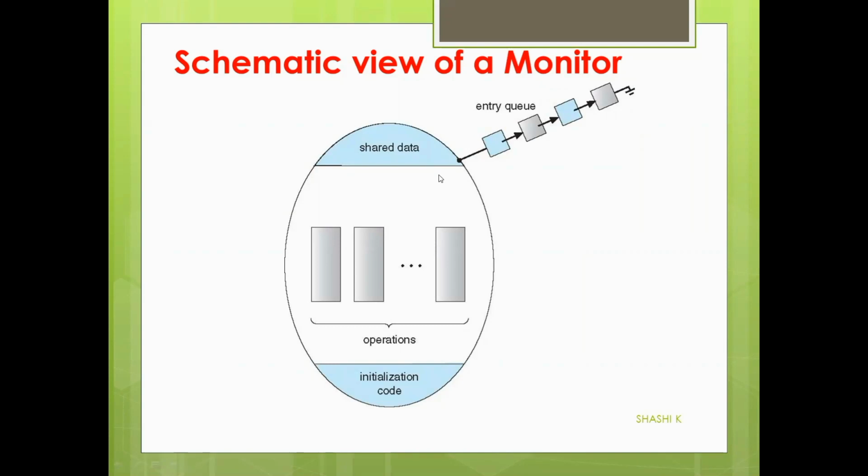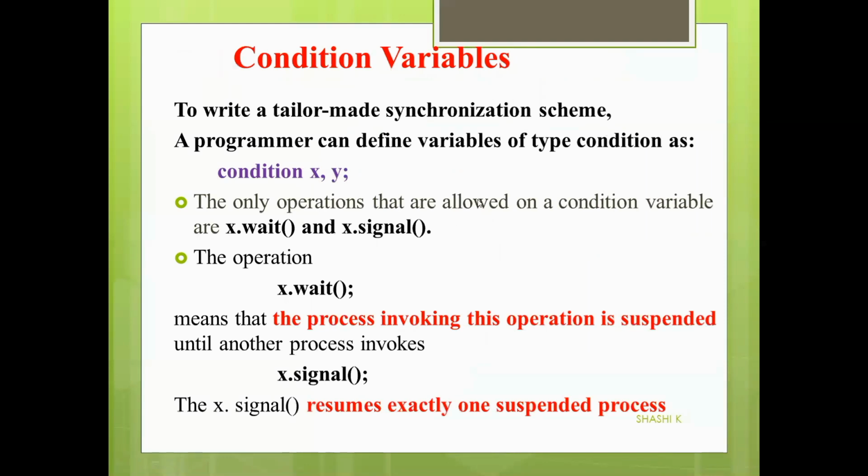In this case, the basic synchronization mechanism of a monitor is not sufficient to provide full synchronization. So for that reason, a programmer can define additional variables of type condition. Using the condition construct, a programmer can define additional synchronization constructs.